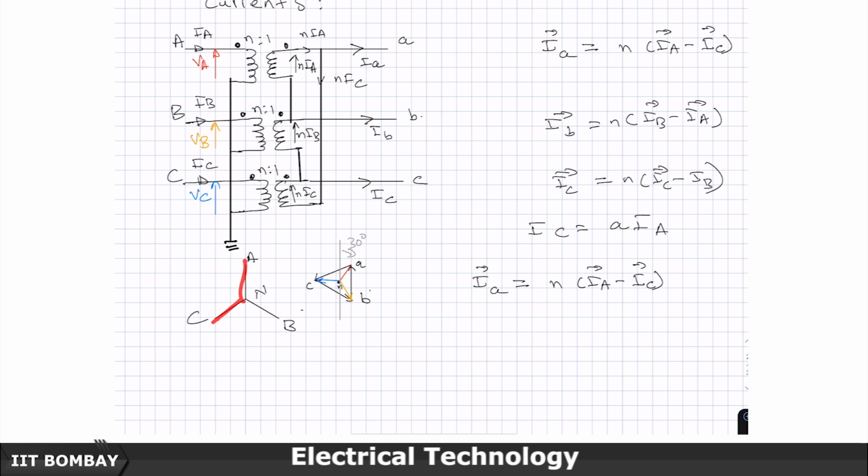All phasors in the C phase, line current IC, is going to be A times the line current IA. So therefore I can write this as N into 1 minus A, IA.